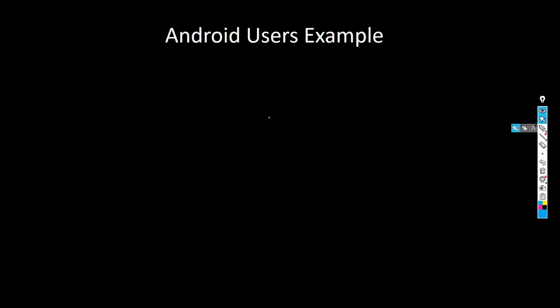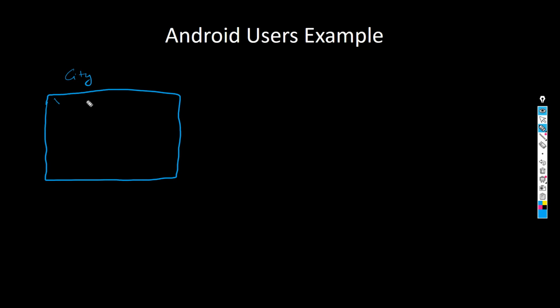Let's take the example of Android users. Suppose in our city we have a population of 10 lakhs, and I want to know how many Android users we have in this city.